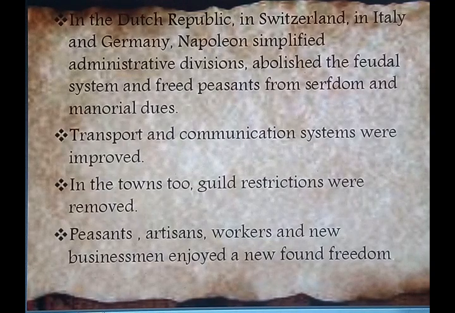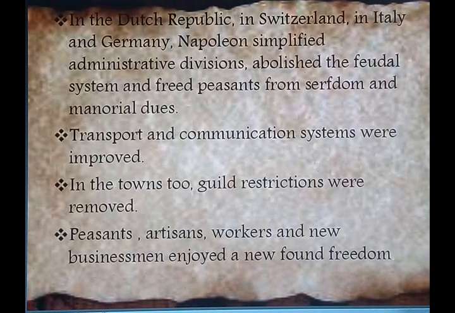These guild systems didn't allow the new businessman or new entrepreneur to join and to start business. So these were the guild restrictions imposed upon the people. So Napoleon Bonaparte removed all these guild systems from the towns.